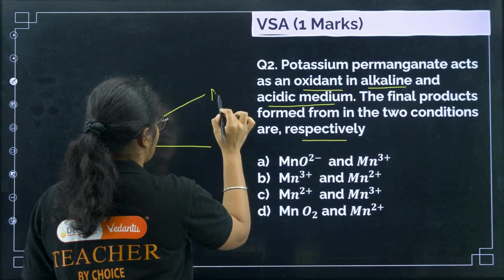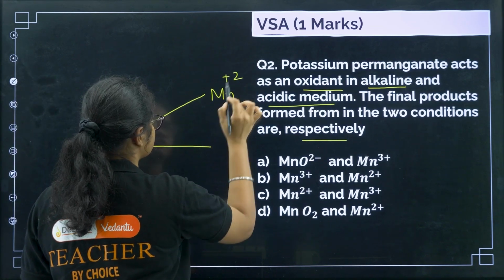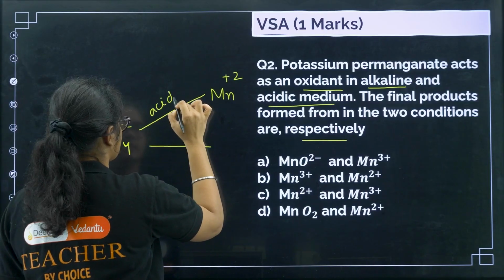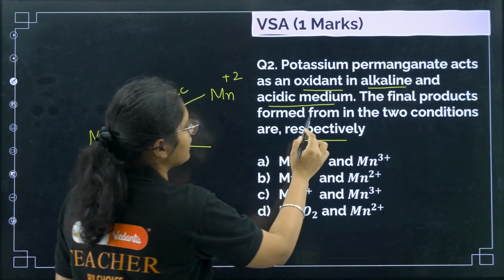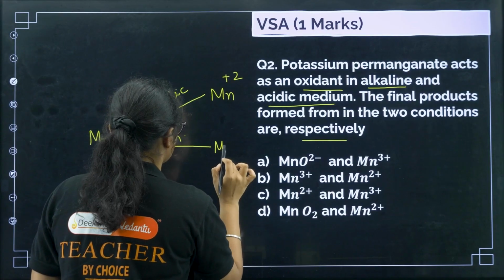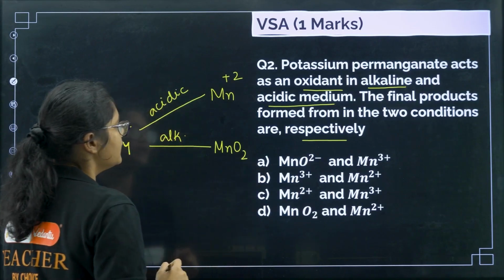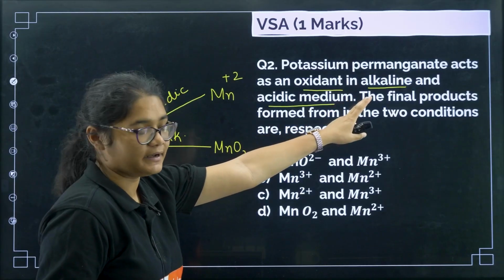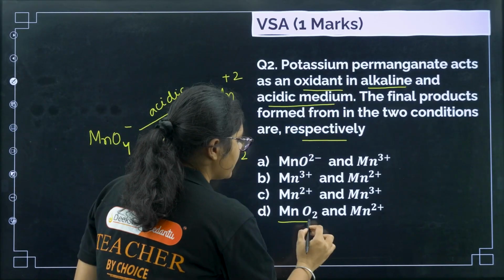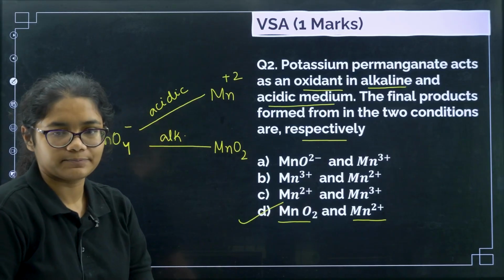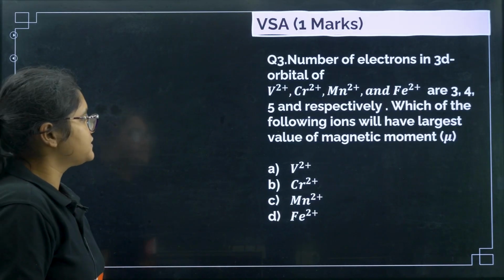In acidic medium it gets reduced to Mn2 plus, and in alkaline medium it gets converted to MnO2. So you have to be very careful with the order. First it is alkaline medium, that means MnO2, and in acidic medium it is Mn2 plus, so option number D here. Clear?